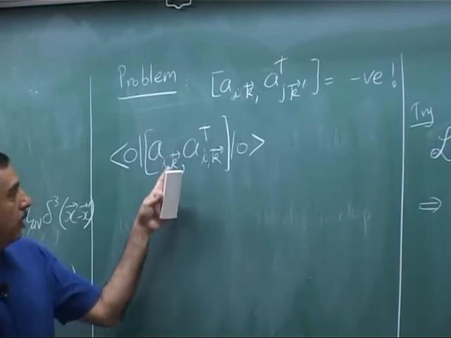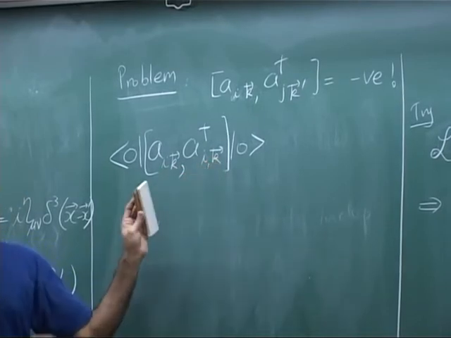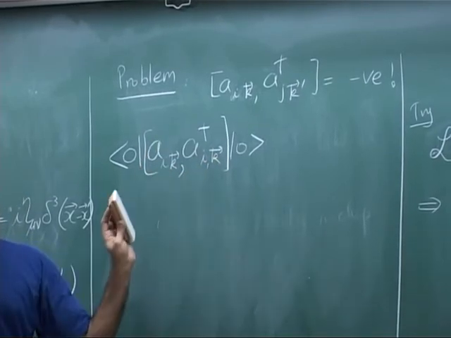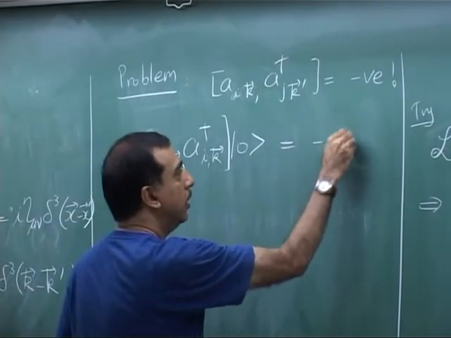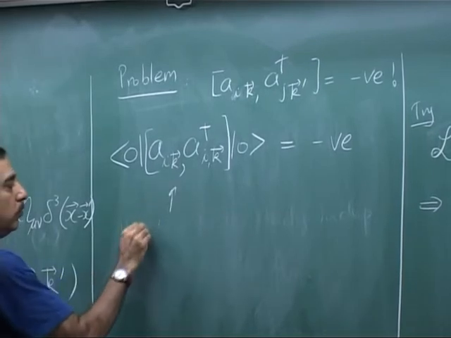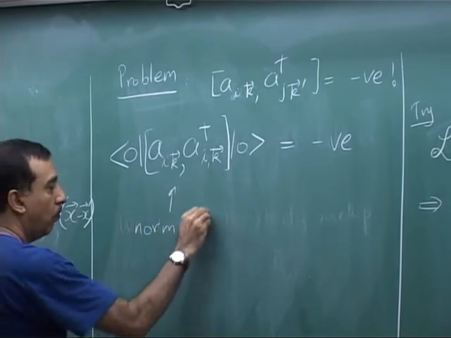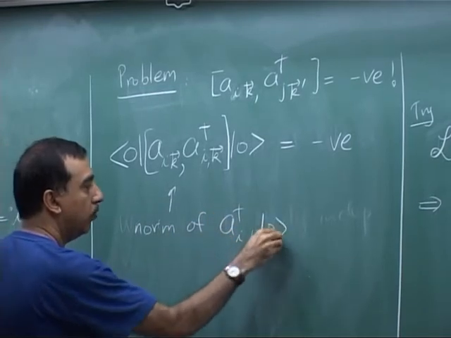Okay, there's a small extra problem, which is that if these two are equal, then we get delta of 0. But we've understood that you can do all this in a box where you just get Kronecker delta. But the point is that this is negative for the reason that that is negative. And this is the norm of A dagger i k on 0.